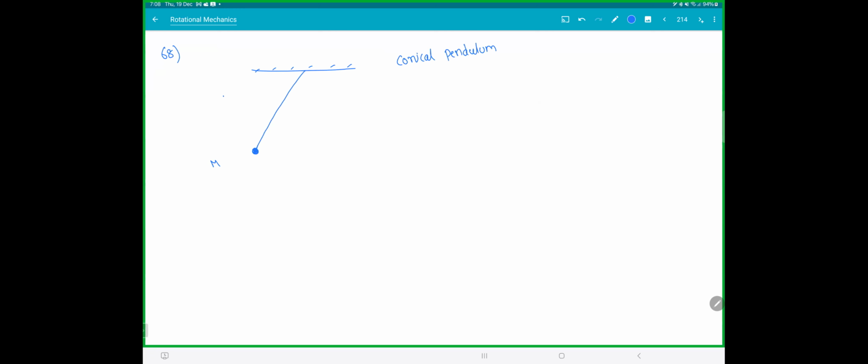Mass m. This is a string of length L, going in a circle like this. This angle is theta. This is O. This is O dash. So O is the center of the circle. O dash is the point of suspension.